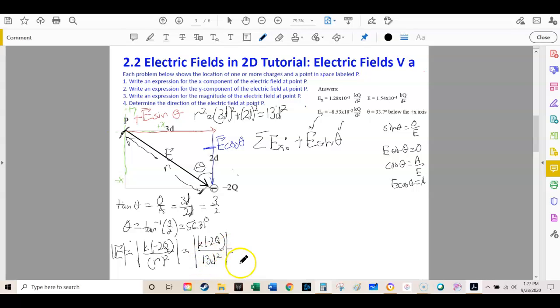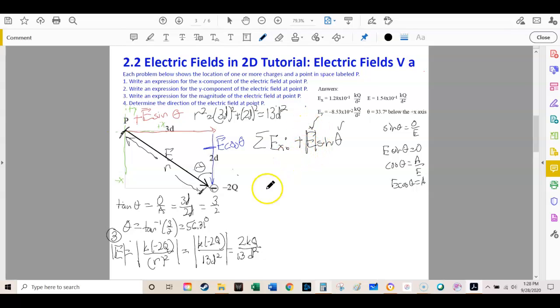And so overall, the magnitude of the net electric field is just going to be 2kq over 13d squared, which is what number 3 is asking. So we just did number 3 here to get this.